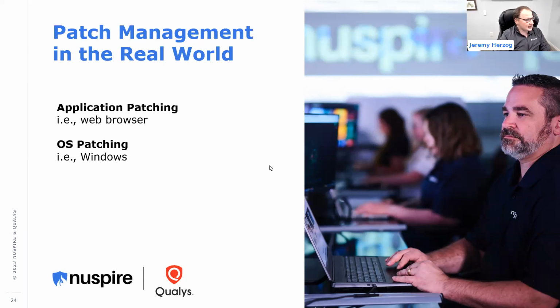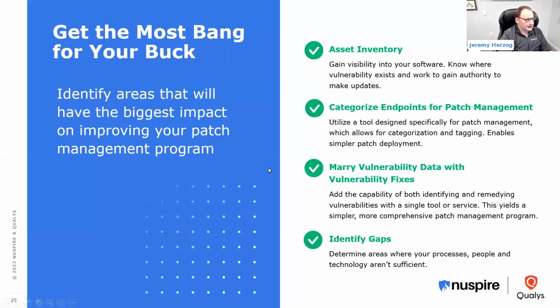The next thing that you want to take a look at is when you sign on for a service, and when you use something to supplement maybe an existing patch management strategy, you want to make sure that it's addressing the need that you meant it to address, right? So the value that these solutions can bring to the table is giving you a better idea of your asset inventory.